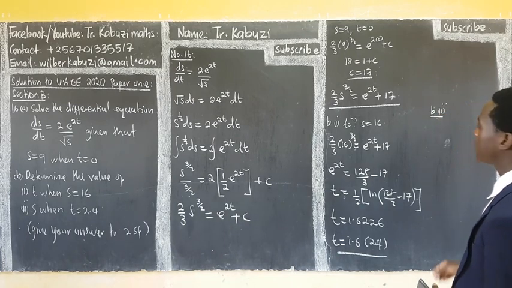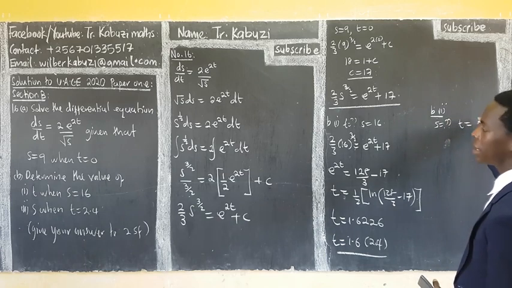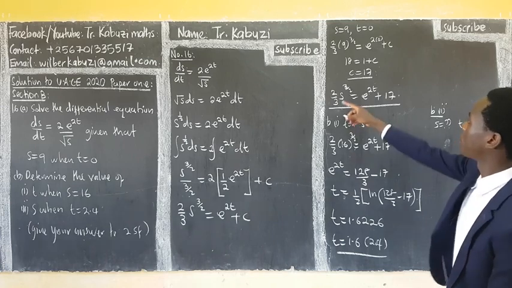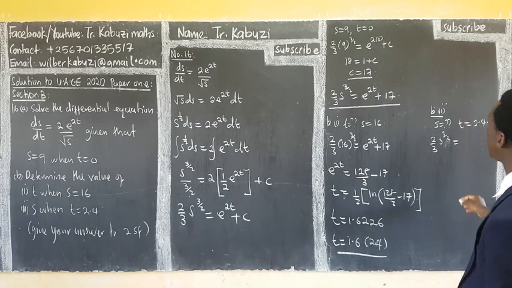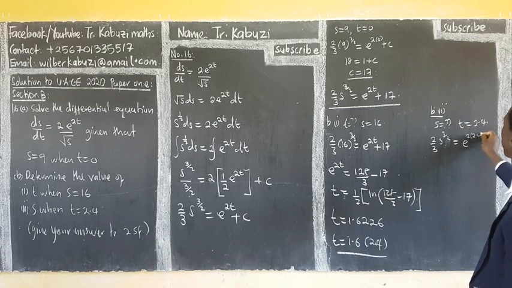Then B, Roman numeral 2. They want s when t is 2.4. So just substitute here. So our 2 over 3 s to the 3 over 2 is going to be e to 2 into 2.4 then plus 17.